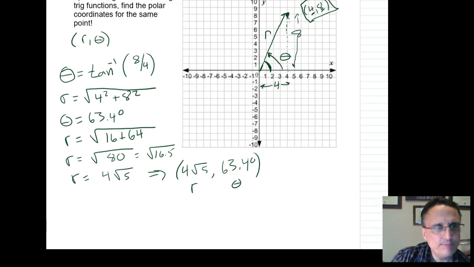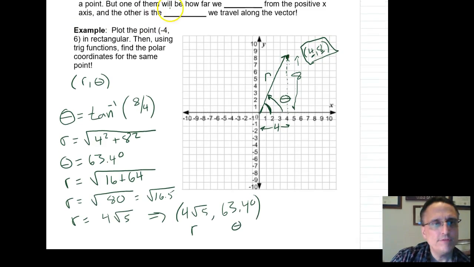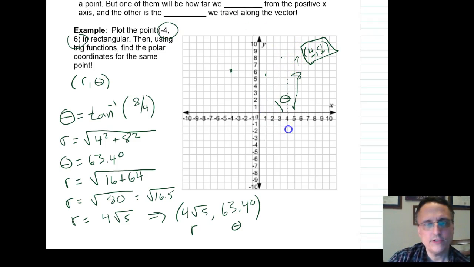Let's try another one. And what I want you to do is find the polar coordinate for this point that I had put on this example, -4, 6. I'm going to erase this so we're not so cluttered.